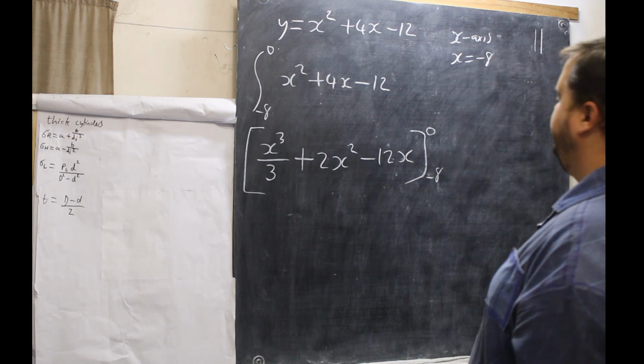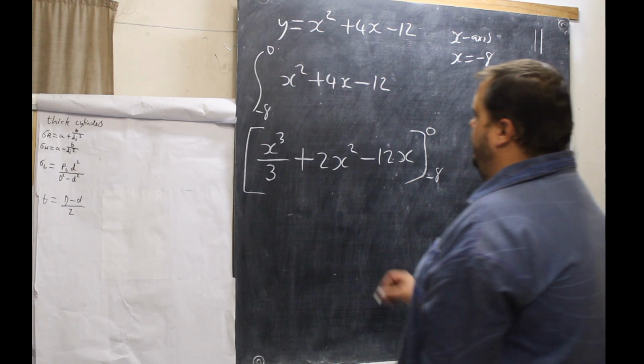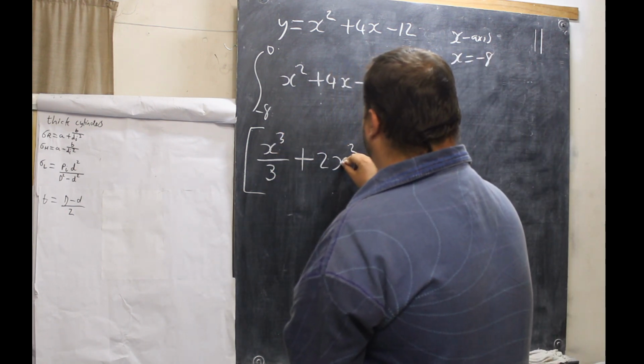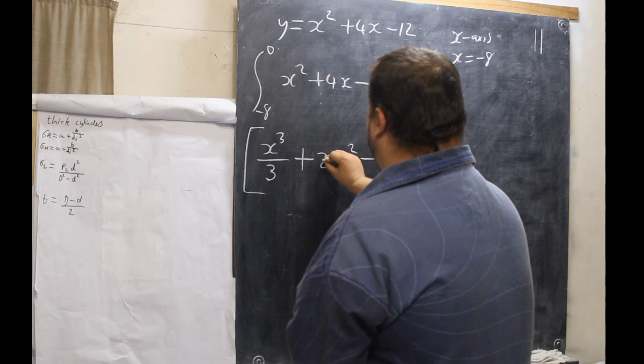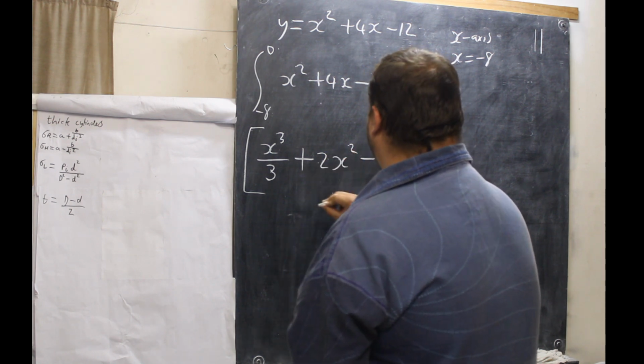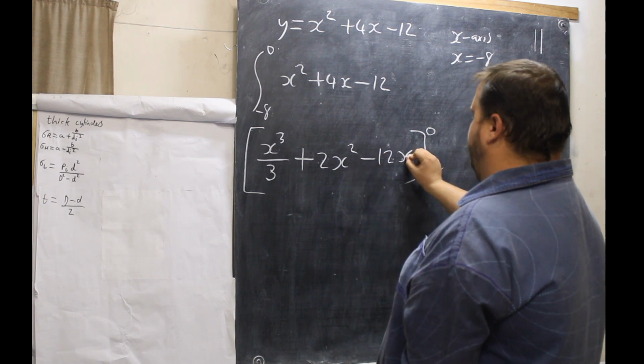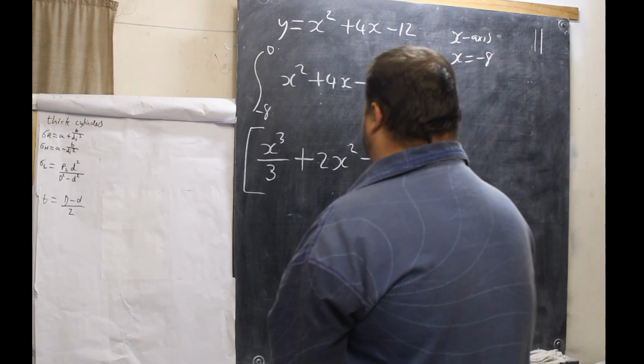So 0 will just be 0 for this particular case, because 0 cubed divided by 3 is 0, plus 0 squared times 2 is still 0, and 12 times 0 is 0, so 0 doesn't matter.